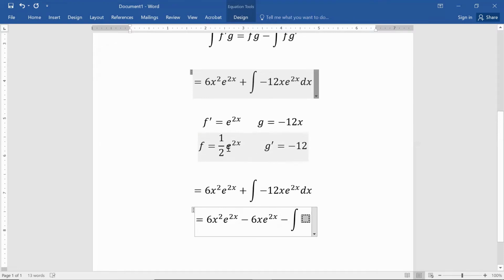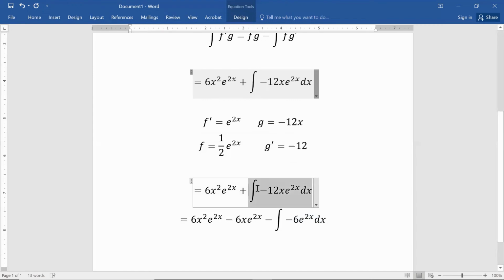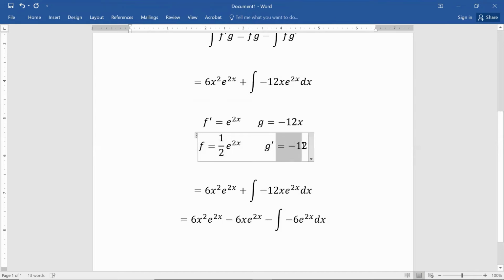Well, f is 1/2 e to the 2x multiplied times g prime, which is negative 12. I end up with negative 6 e to the 2x. Notice what I did there. I did an integration by parts on the second component. And when I did this twice, all of a sudden I got down to having my polynomial just be a constant number. In this case, that number was negative 12.